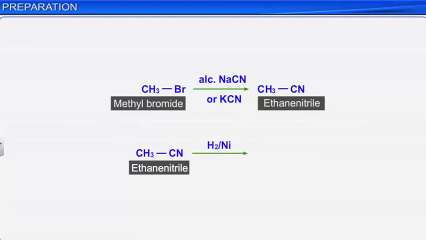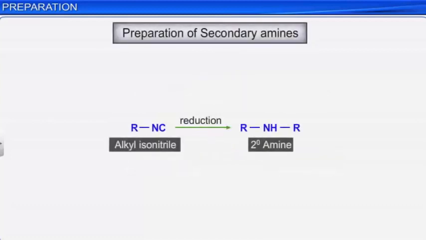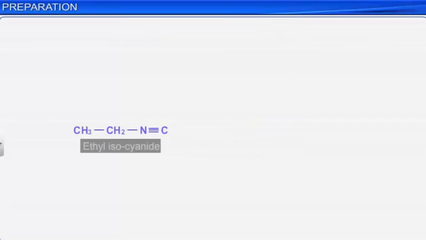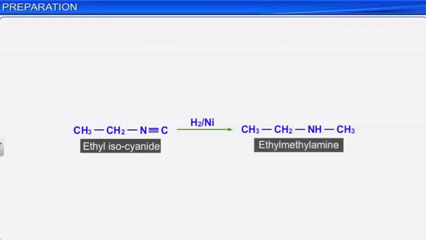The reduction of isonitriles or carbylamines yields secondary amines. For example, ethyl isocyanide on reduction gives ethylmethylamine, which is a secondary amine. In this method, we get only secondary amines in which one group is always the methyl group.